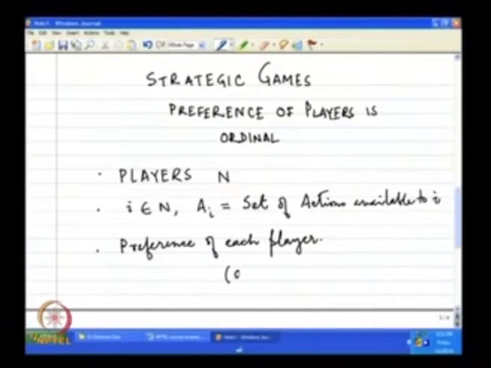So, in a particular play of the game, we have a list of actions, each taken by one player. It will look like this: a1, a2, dot dot, an, where there are small n number of players. Let us call it like this, small ai belonging to capital Ai, which means that action ai has been taken by the ith player.